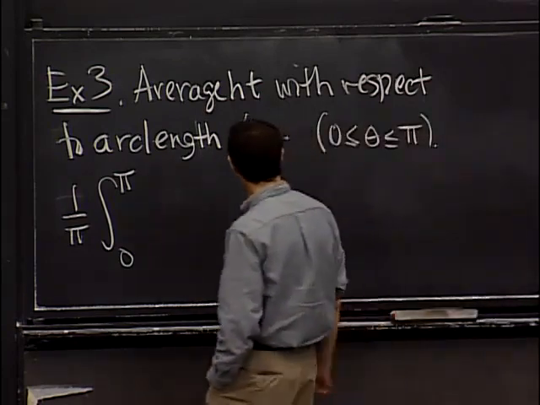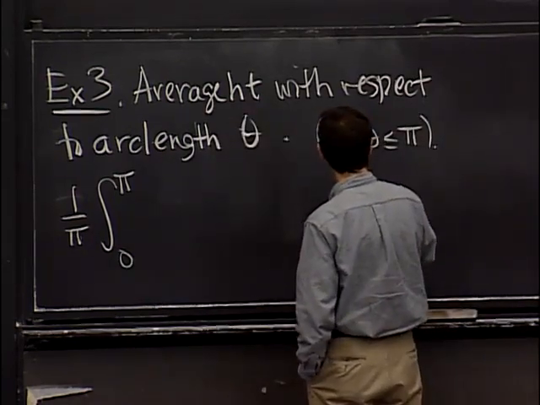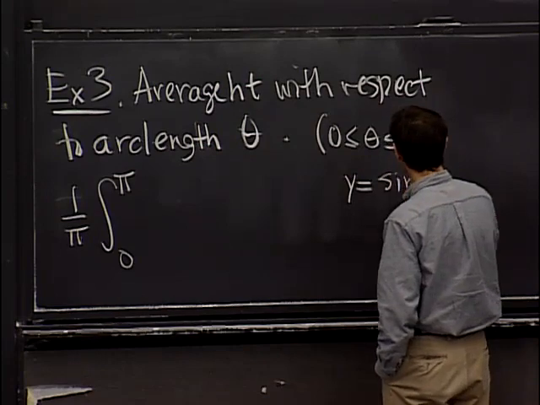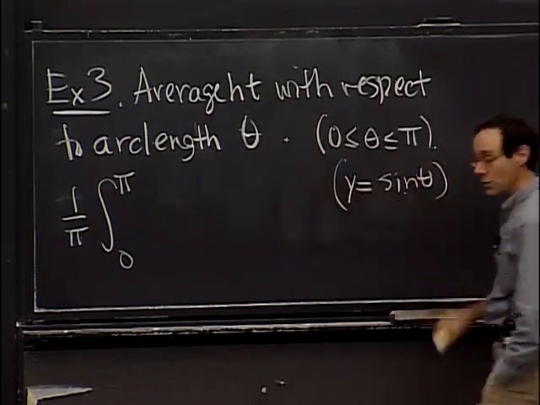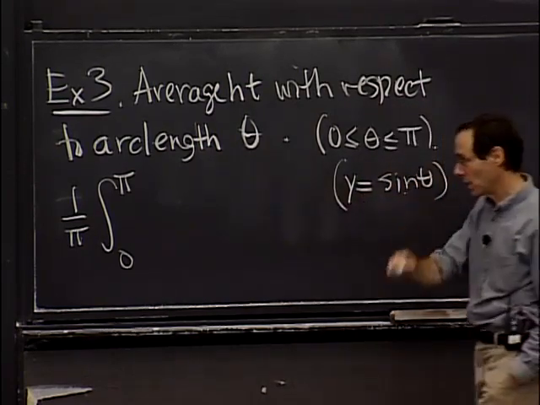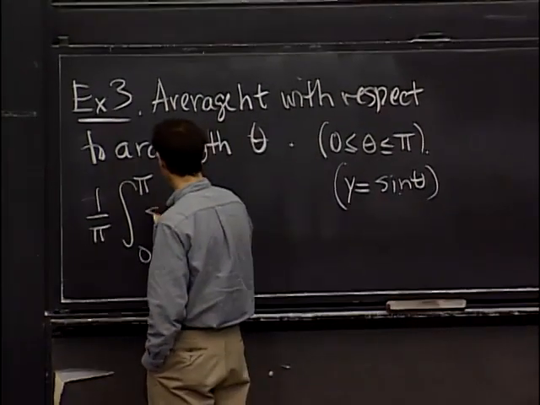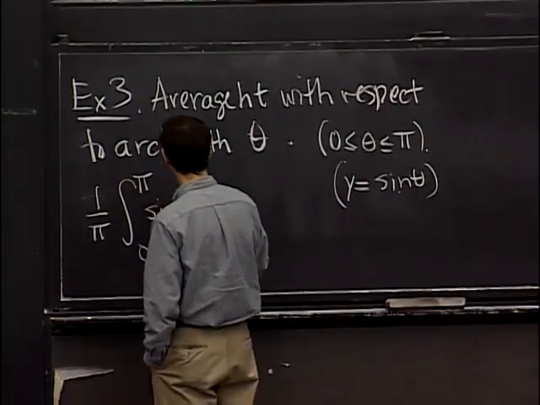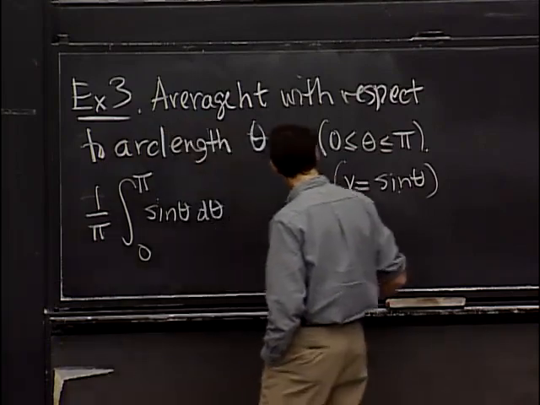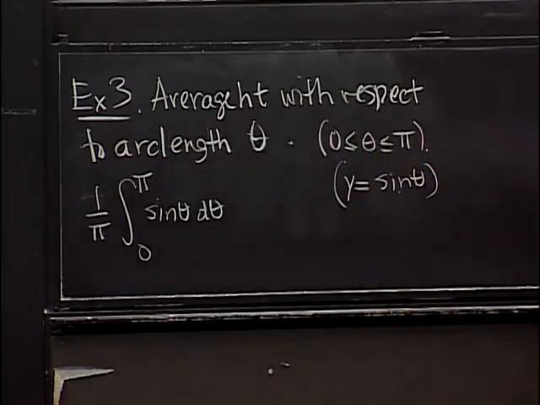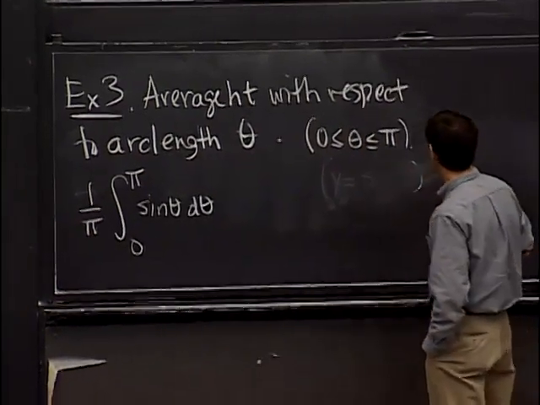And the integration requires us to know the formula for the height, which is sine theta, in terms of theta, of course. It's the same as the square root of 1 minus x squared, but it's expressed in terms of theta. So it's this. And here's our average. Okay, sorry, I'll put this up here.